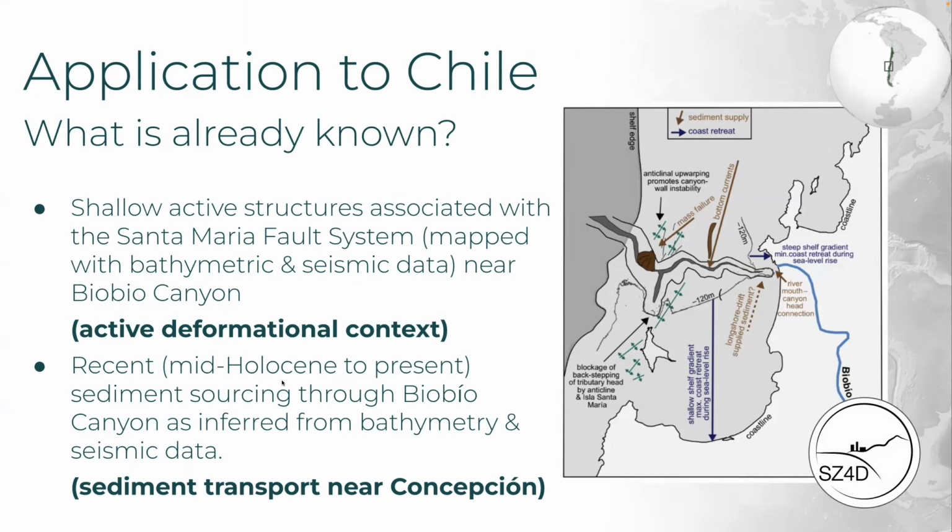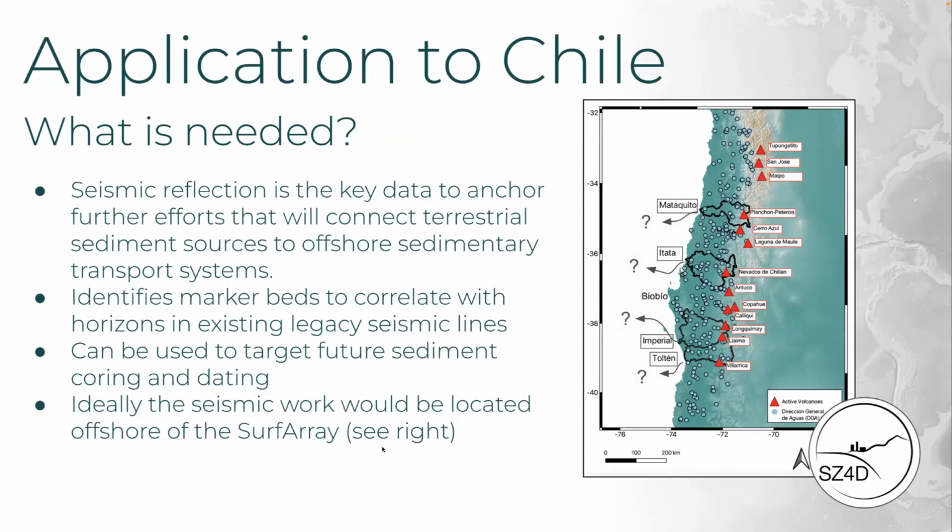And so this gives us a context for both active deformation and sediment transport. And so an opportunity could be that these seismic reflection data could help us understand the offshore sedimentary transport systems, what is the fate of sediments that are eroded and carried across the landscape, where is their fate in the seascape.